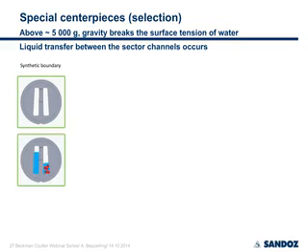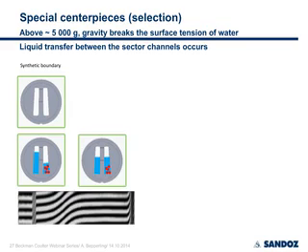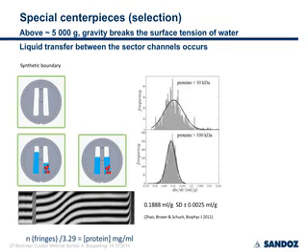In the beginning, you have your buffer in one channel, the protein here depicted as little red dots, your protein solution in the other channel. You spin it at 10,000 RPM roughly, and then liquid transfer occurs. And what you immediately get out of this is a fringe pattern, which can be directly converted into mg per ml of protein, because for large proteins the refractive index increment is fairly constant, as all those amino acid contributions cancel out.